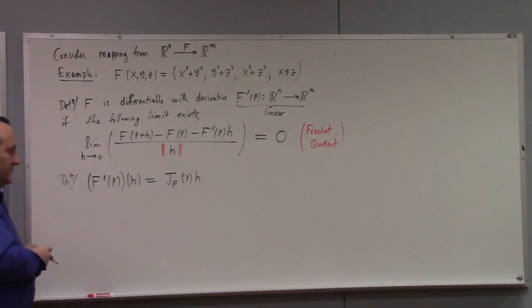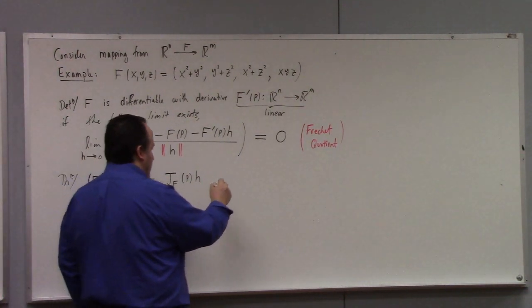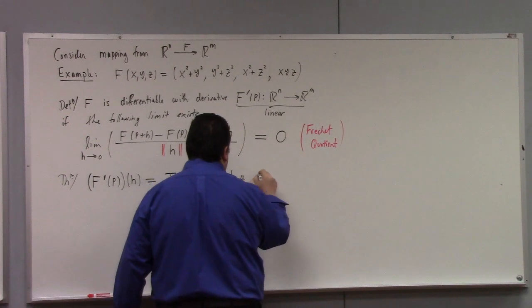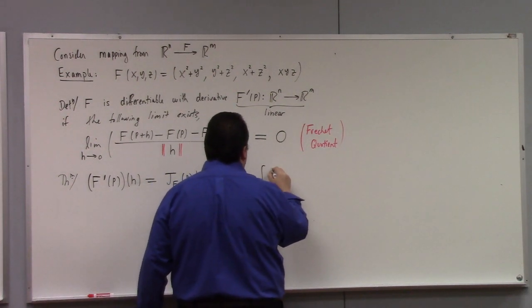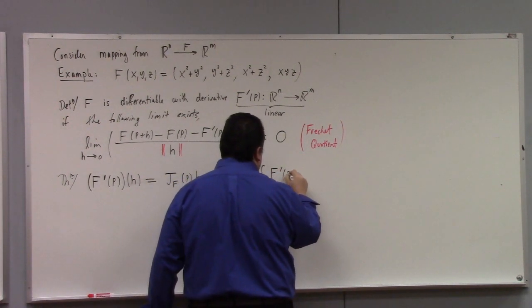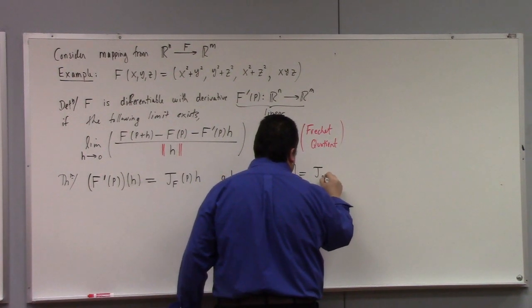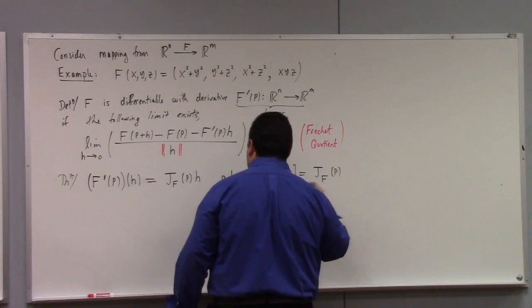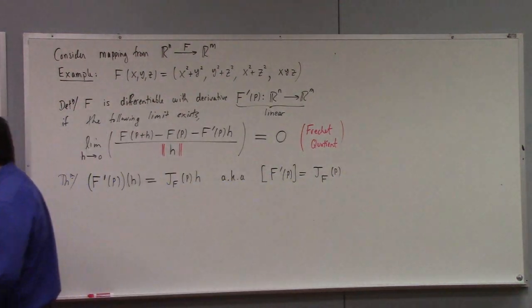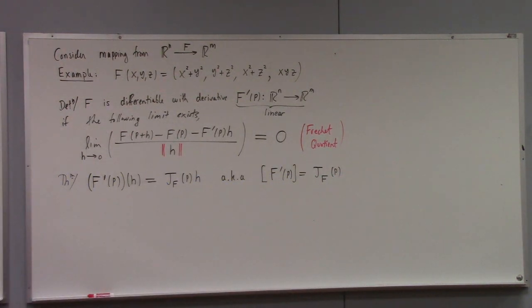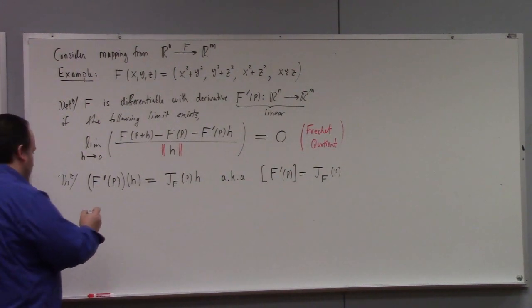In other words, the standard matrix of the derivative map is the so-called Jacobian matrix at the point p. In the Jacobian matrix, we don't need limits or anything for that. We can calculate it explicitly as follows.